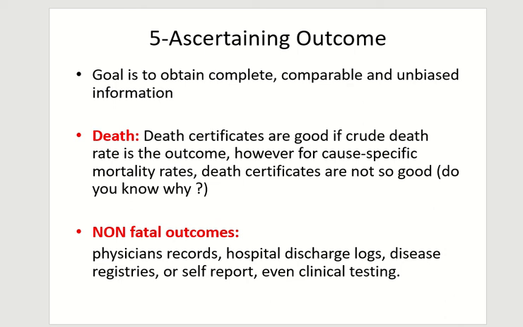So we talked about death and how vital statistics keep records of death. If you're going to look at death in general, using the death certificate is good. However, if you're going to look at cause-specific mortality rate, like the leading cause of death, the direct and the indirect cause of death, then the death certificates are not good.